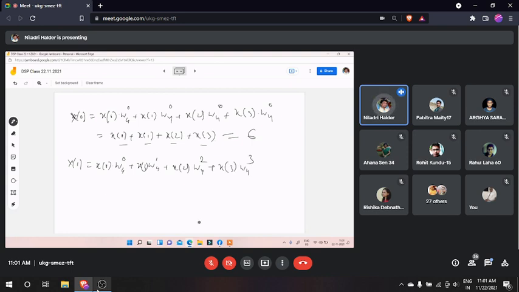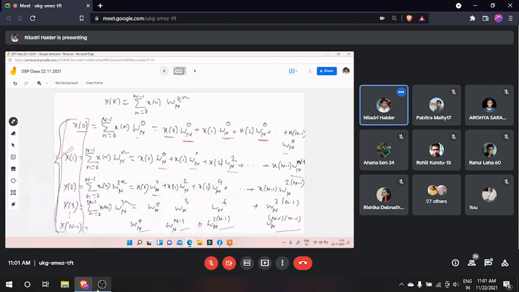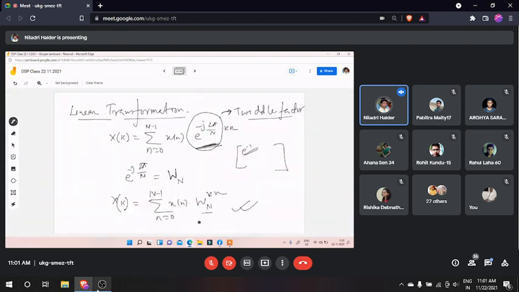So what is the value of w4? e to the power minus j 2 pi by n is defined as wn.